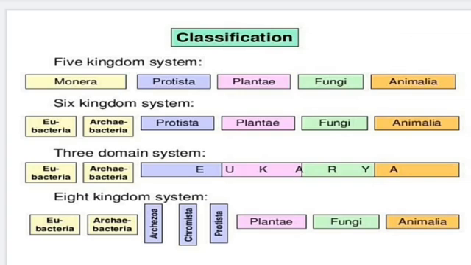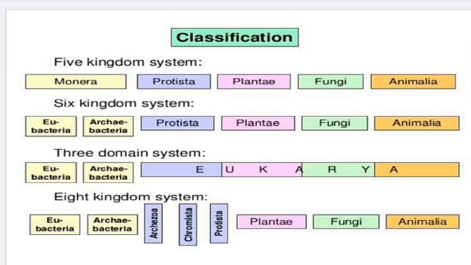Now, when we come to biological classification, Aristotle was the first person who attempted to classify organisms.